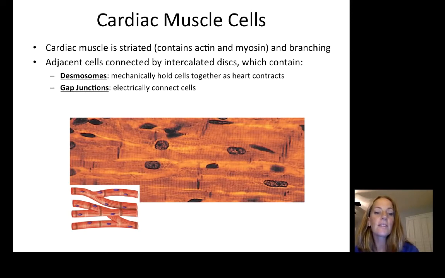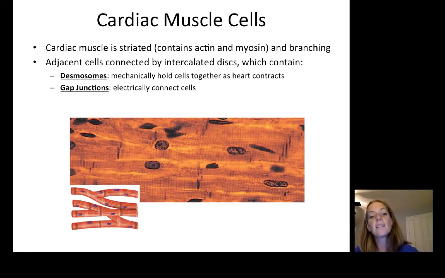The difference, though, between cardiac muscle and skeletal muscle is that the heart needs to function as a unit. So you don't have individual motor units building up in the heart the way you have in skeletal muscle. We need all of the cells in a particular region to be talking to each other and contracting and relaxing as a unit.